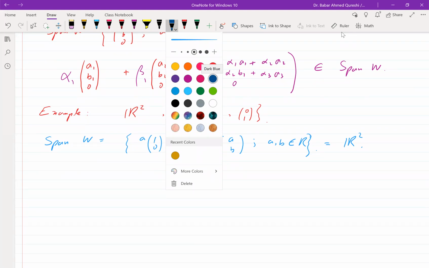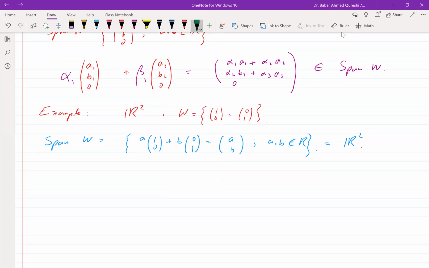Now, this suspicion, we can put it in the form of a theorem to confirm that it always happens. The span of any number of vectors v1, v2, and so on, from any vector space, is a subspace.